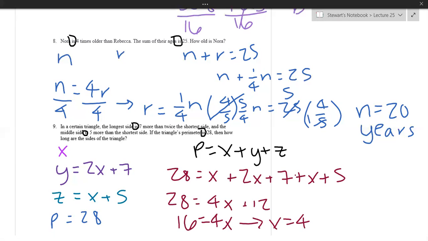So that would mean y is equal to 2 times 4 plus 7, or 15, and that z is equal to 4 plus 5, or 9. And so now we have how long all the sides are.